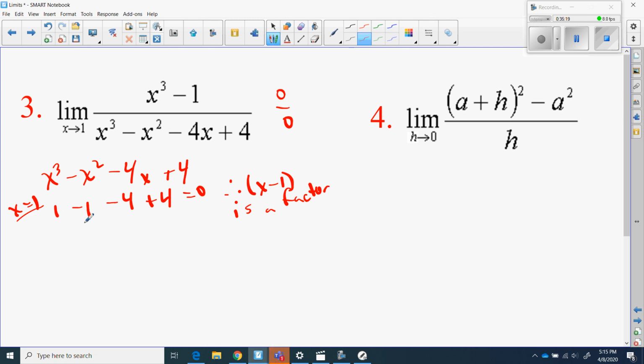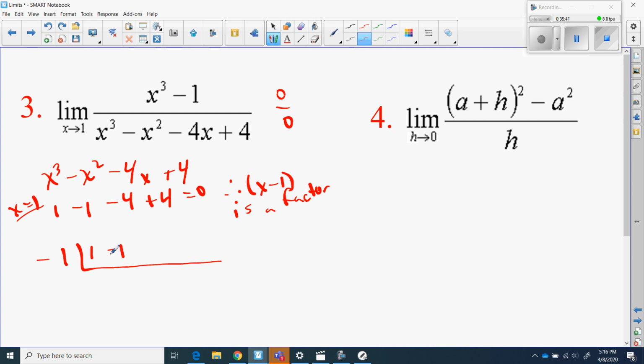So then we do a synthetic division. So x minus 1, we want to see what we get when we divide this by x minus 1. Just your coefficients. So 1, negative 1.